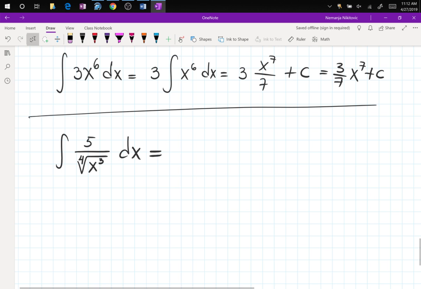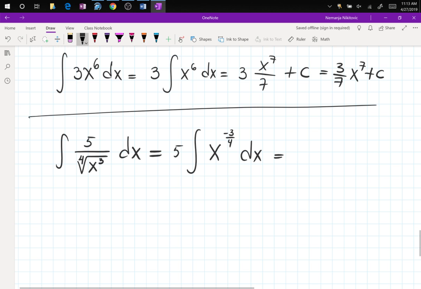So what should I have as an exponent? We kick 5 outside. Okay. Integral of x to the negative 3 over 4 dx. Very good. And now you will just add 1. So if you know your algebra, the rest of the stuff is going to go very easy.